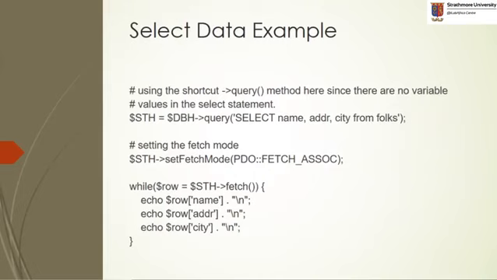So like in this case, the fetch mode is fetch assoc, which means it's going to fetch several, and we can loop through using the while loop to get all the rows. So as long as the fetch is true, then we'll keep looping and showing the name, the address, and the city.